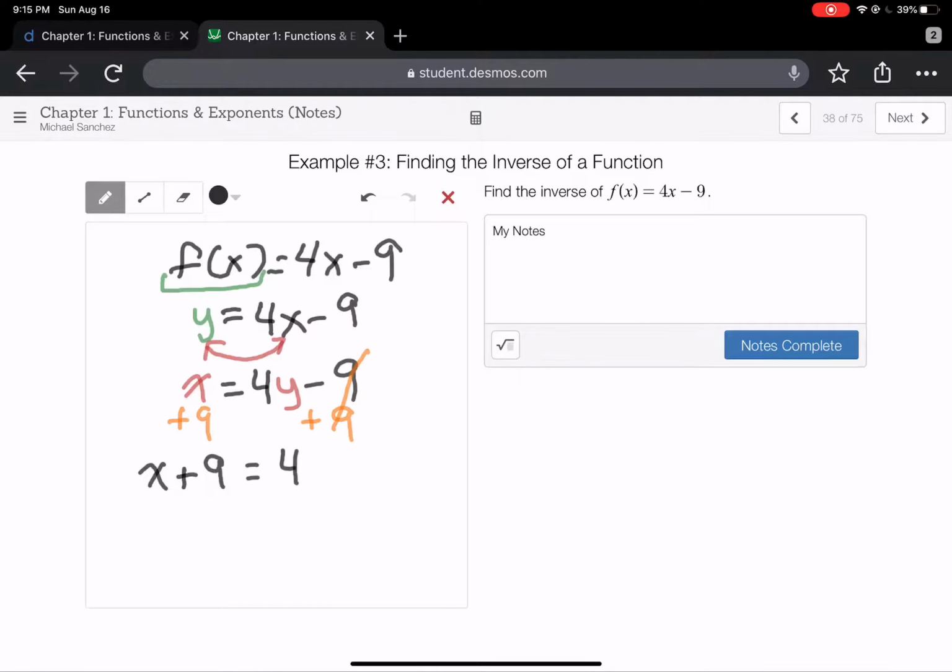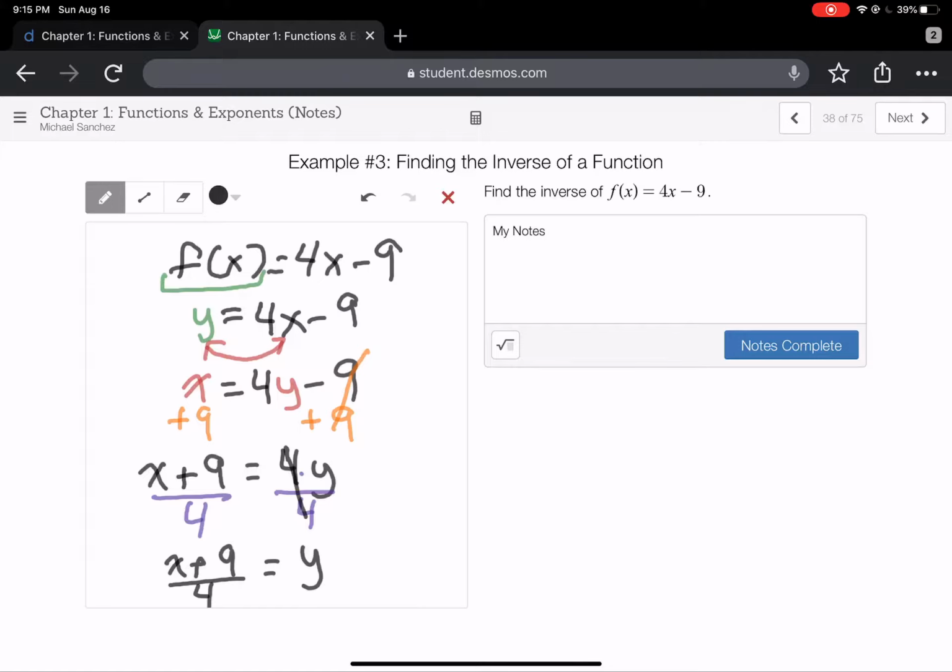And then I have 4y, the 9 is gone. And then the last step is to divide by 4, because of the multiplication, it's the inverse. So then that cancels out, and I get y is equal to (x plus 9) over 4.